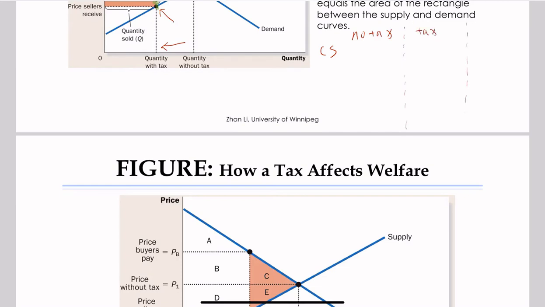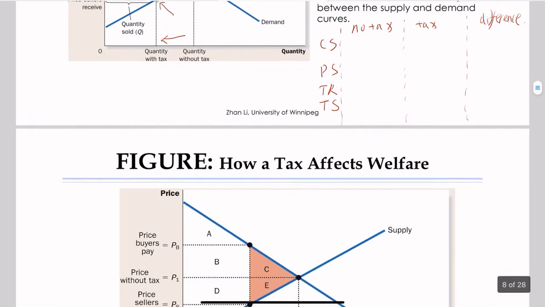And then we could consider the difference. Of course, we also want to consider producer surplus. And we also want to consider tax revenue. And we also want to think about total surplus. Okay, great. Let's see what kind of results we can get here.